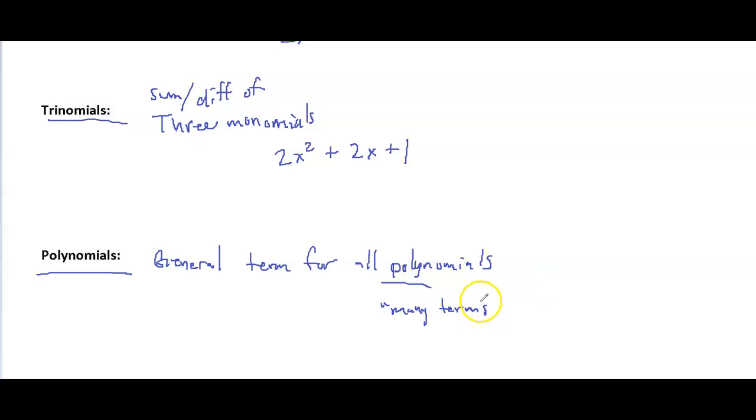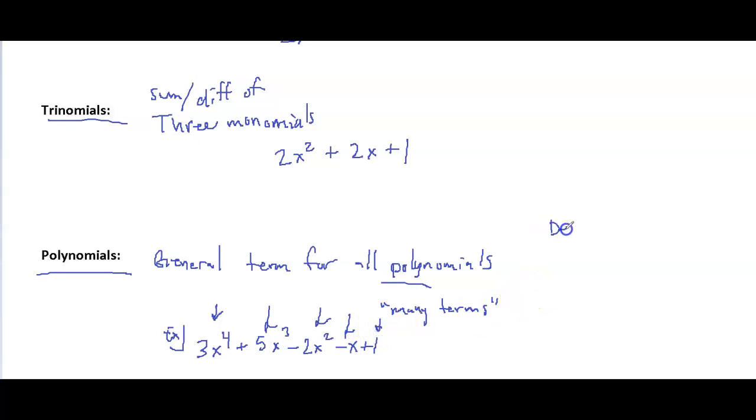So these could be a little bigger. So for example, something like 3x to the fourth plus 5x to the third minus 2x squared minus x plus 1 would be considered a polynomial, many terms. This one has 1, 2, 3, 4, 5 terms.